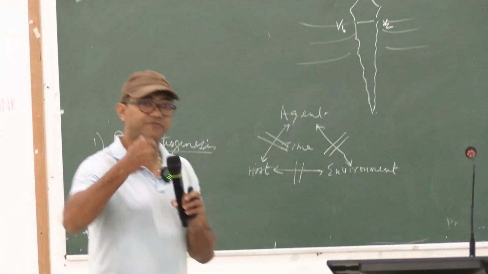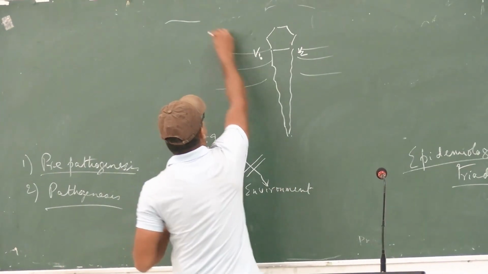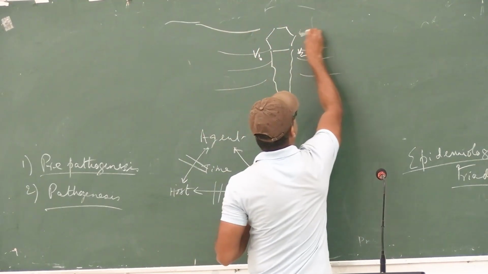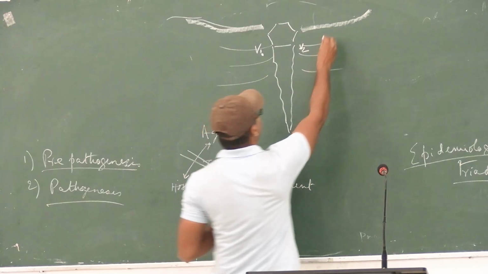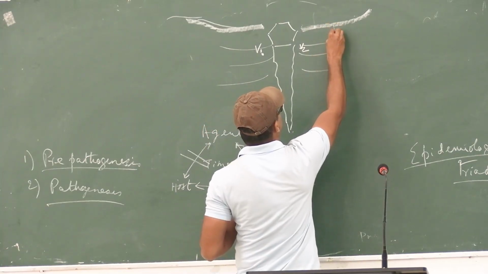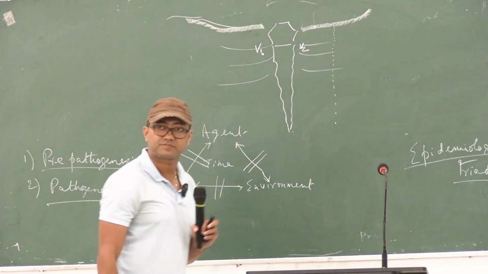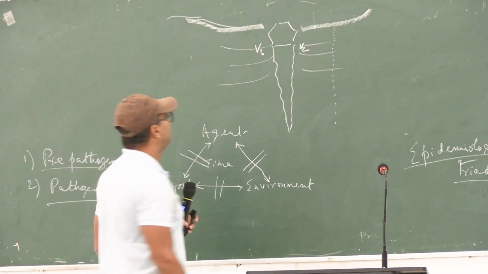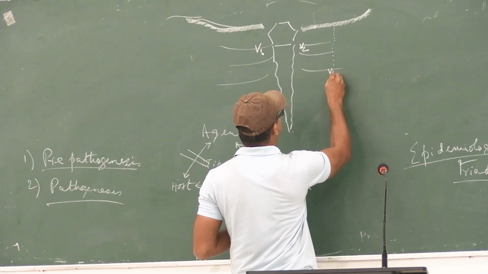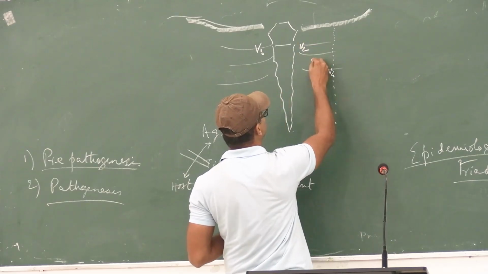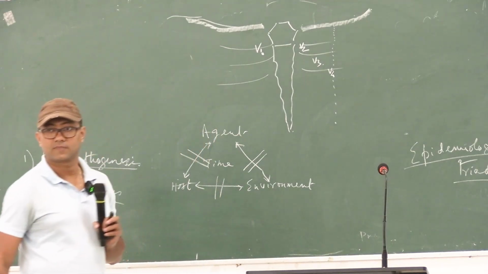We do not put V3 immediately. So, if this is the clavicle, then on the mid-clavicular line we get V4, and between V4 and V2 we get V3, right.